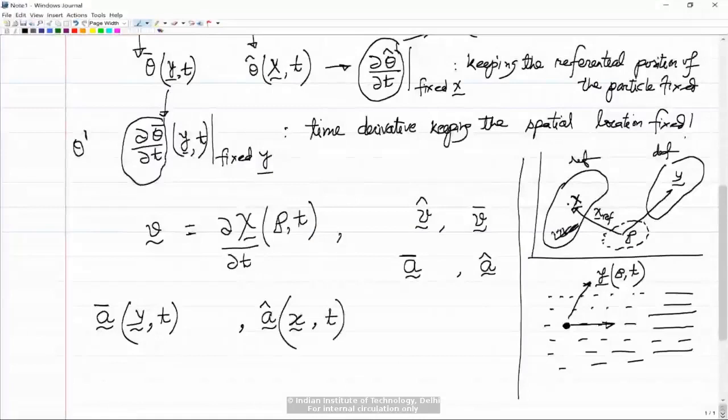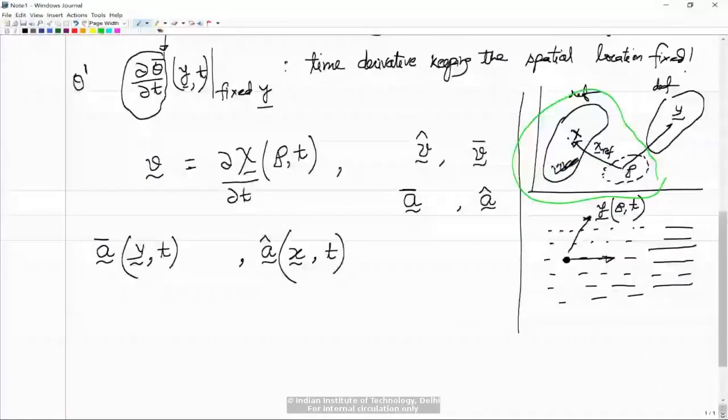Remember that to each reference position, there is a unique particle. Always remember that, with this map, or it can be also clear from this picture. Okay, now what do you think? Is there some relation between the two? Are these two related to each other?